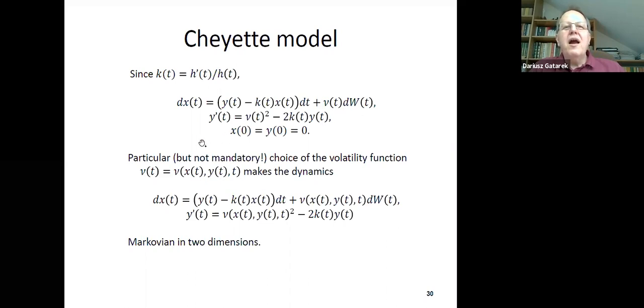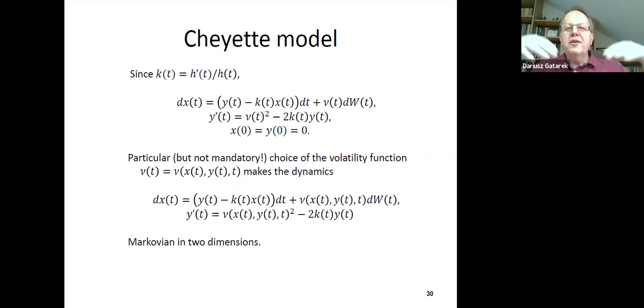So if we make such a choice with V, we've got two-dimensional dynamics of the yield curve. So I call it, I don't know, the skeleton driving factor of the whole yield curve.